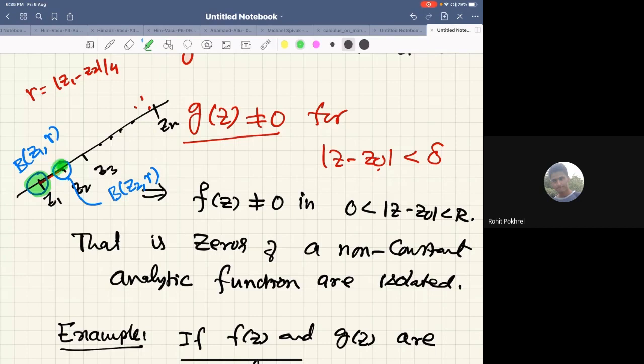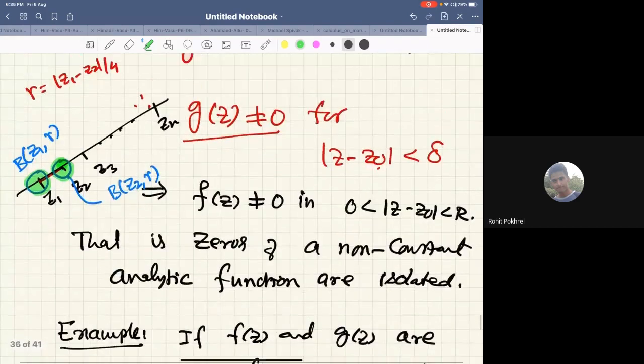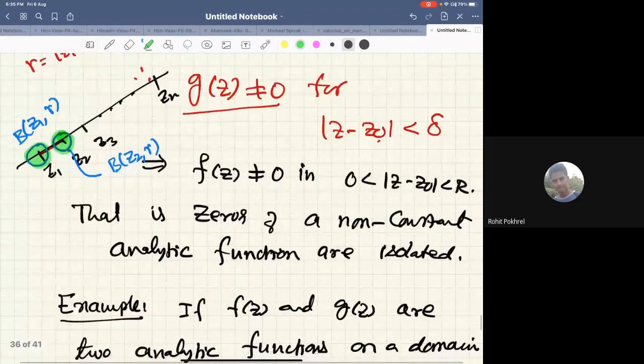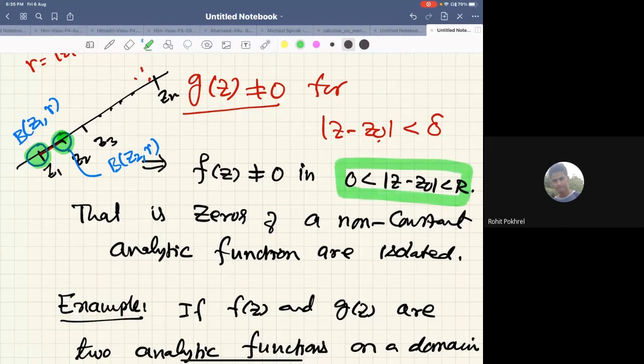Here, in this deleted neighborhood, z naught is already a zero for f of z. If I take the deleted neighborhood of that z naught, I am not getting any other zero. That's what I want to say.